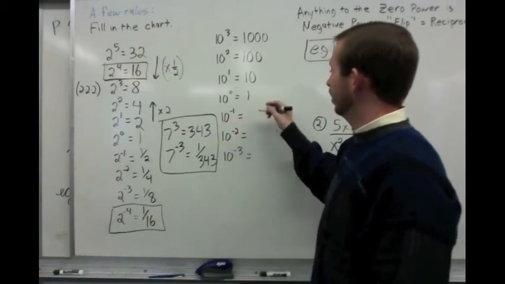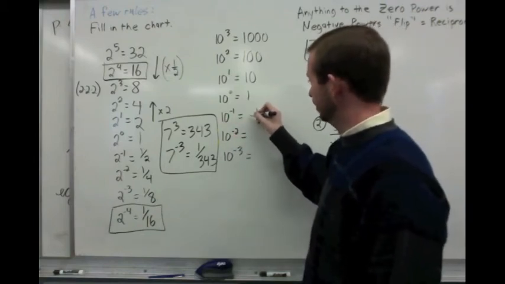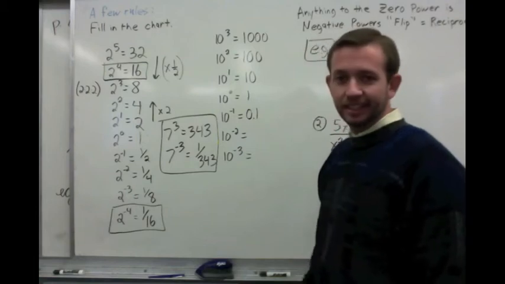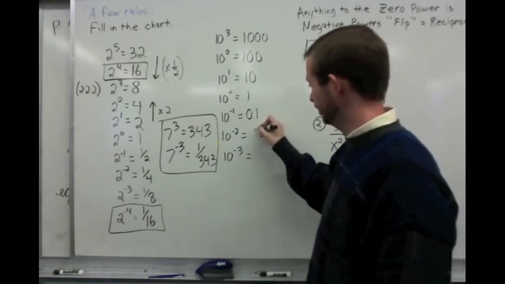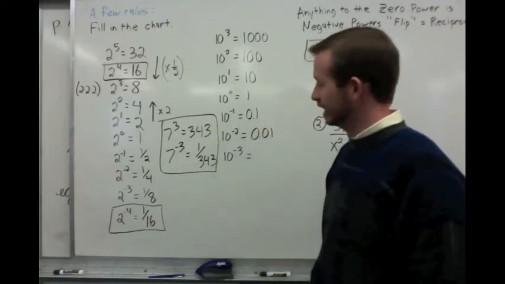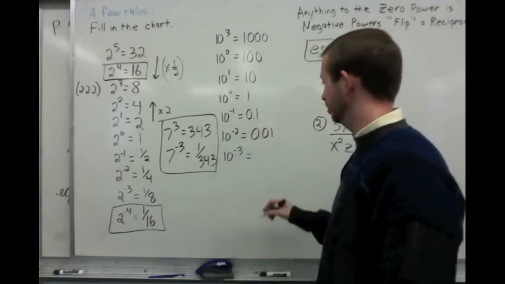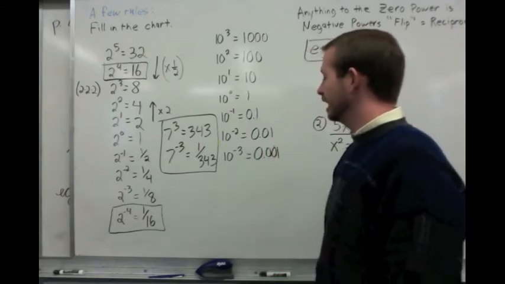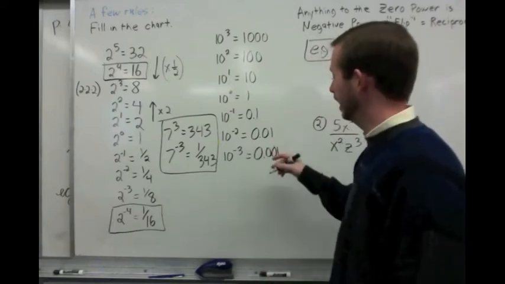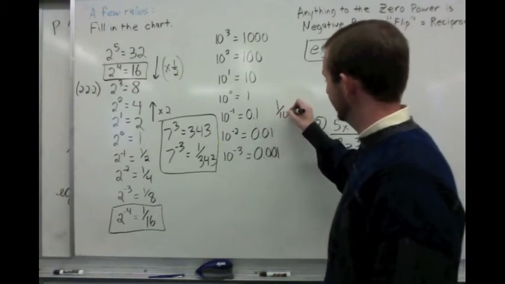10 to the negative 1 is a 1 followed by negative 1 zeros. 10 to the negative 2 is a 1 followed by negative 2 zeros. 10 to the negative 3 is a 1 followed by negative 3 zeros. That's not really how it works. What's really happening here is this is 1/10.